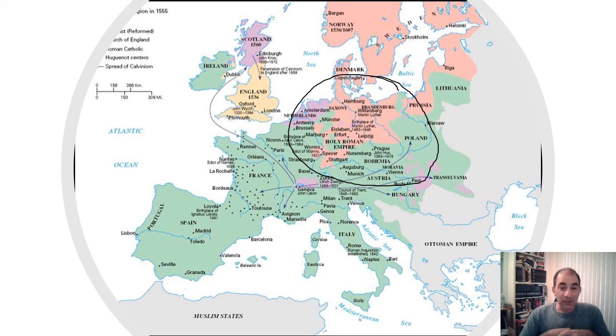Anyways, he survives. He becomes an ordained priest. He starts reading the Gutenberg Bible, of course, and as he reads the Gutenberg Bible, he begins to translate or interpret, I should say, a lot of the ideas in the Gutenberg Bible different than the Catholic Church. And out of this, he comes up with a very important document, one of those key words, of course, the 95 Theses.